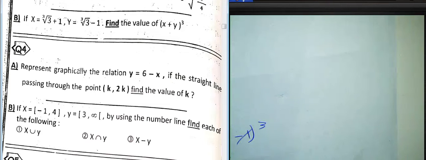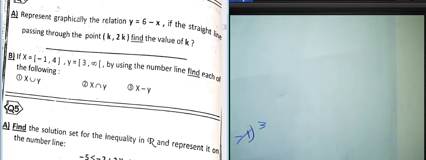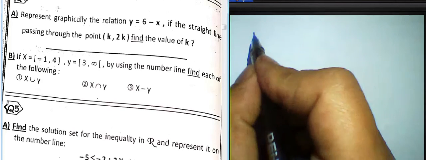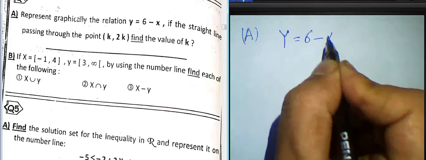Question number 4, letter A. Represent graphically the relation y equals 6 minus x if the straight line passes through the points (2k, k) and (2k), and find the value of k. He wants us to represent first y equals 6 minus x.